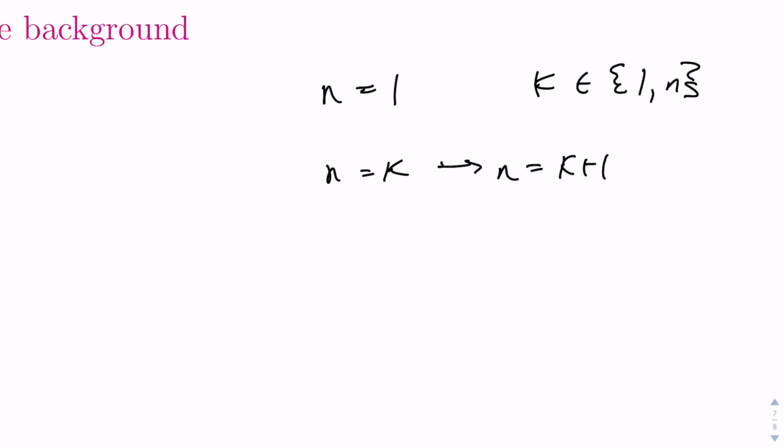If you substitute 1 in for k, then n equals 1 proves n equals 2. And since you know n equals 2, that implies n equals 3. You think about that iteratively all the way through until you hit the upper limit, which would be some other n.